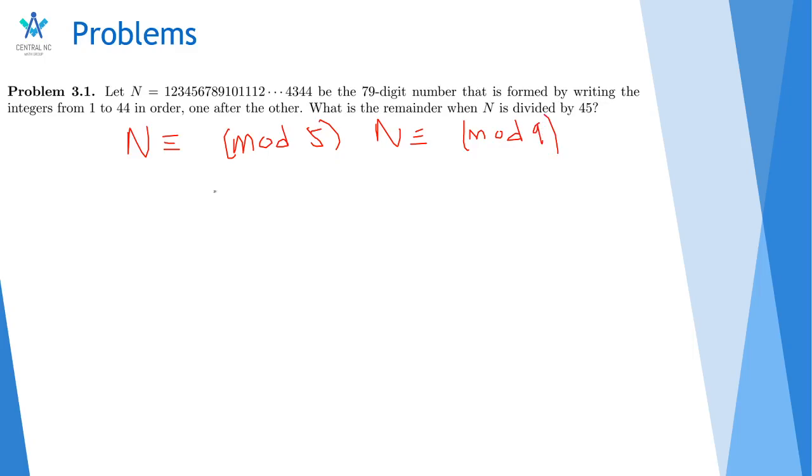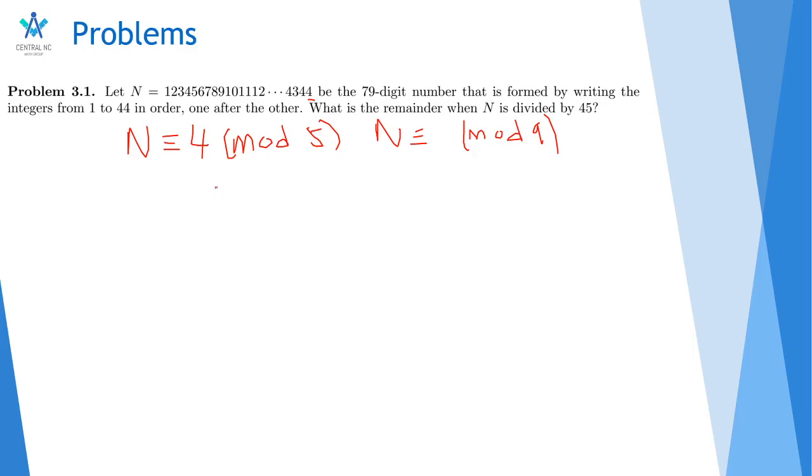Because both 5 and 9 are relatively prime and their product is 45. So if we can get these congruence values here, we can actually solve this congruence for 45. Well, the modulo of 5 is very obvious to us. Clearly, it'll just be 4. Dividing this whole number by 5 will give you a remainder of 4.